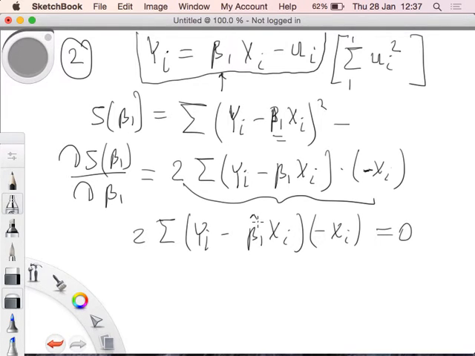You can put beta 1 star if you want, but the convention is beta 1 hat. Estimators are with hats. And I want to divide both sides of this equation by -2, because there's a minus here, so it comes out, and all we get is a simple equation now.